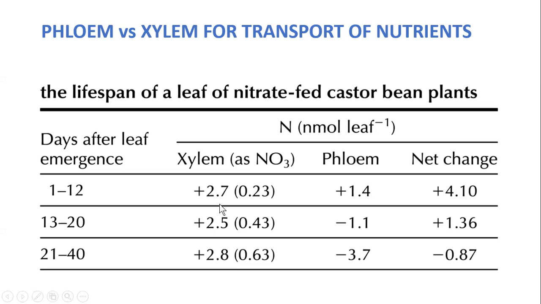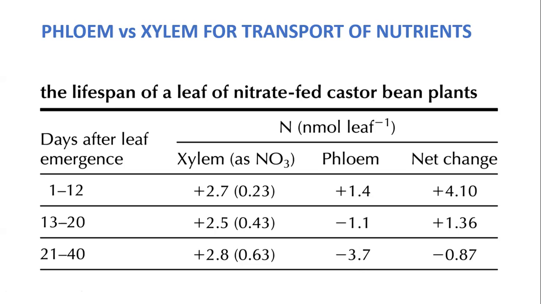You can see 2.7 and 1.4 nanomole per leaf, and there is a net change of 4. In both, there is a plus. And then for days after leaf emergence 13 to 20, in the phloem there is a negative, and the net change is 1.36.